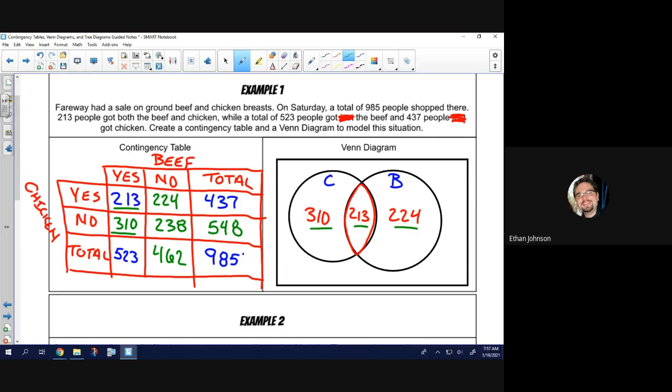So we're going to do the 985 minus 310 minus 213 minus 224. Doing so, we get 238. And that number goes on the outside.